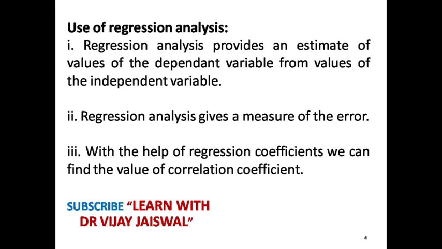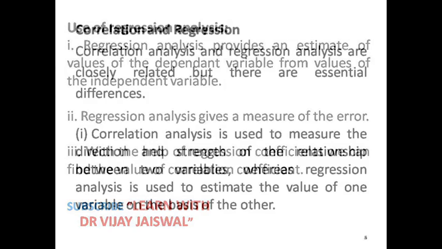The third use is that with the help of the regression coefficient, we can find the value of the correlation coefficient. As I discussed in the earlier lecture, the correlation coefficient is the geometric mean of both regression coefficients. So these are the major uses of the regression analysis concept.